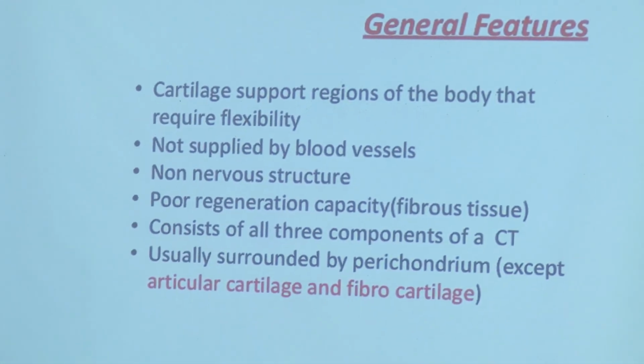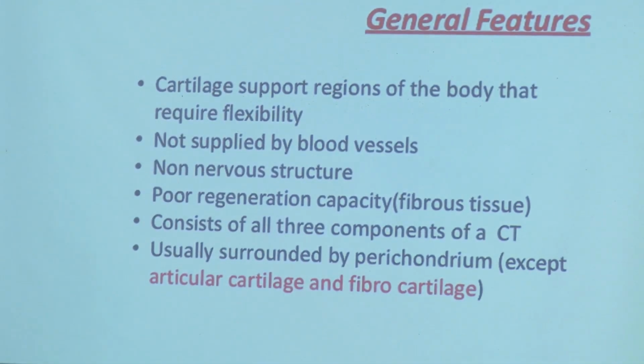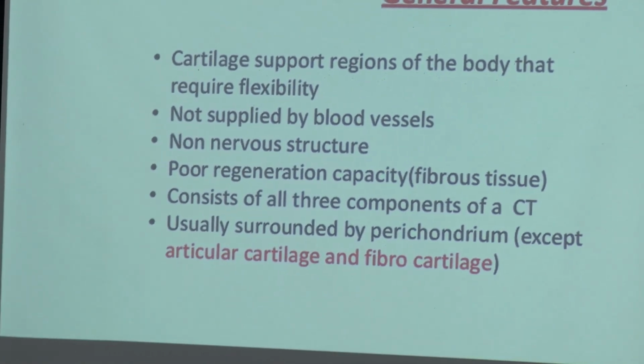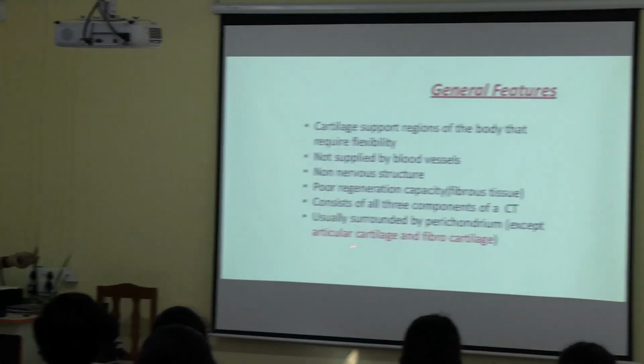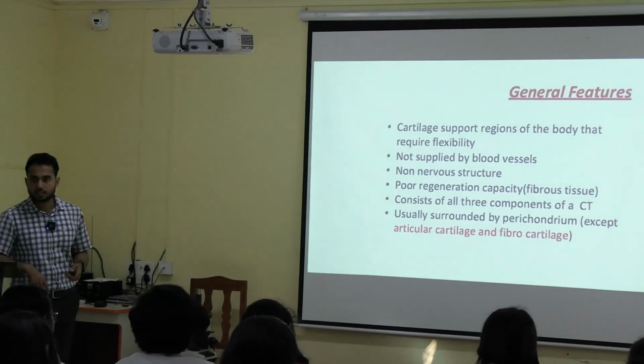Next, it consists of all three components of the connective tissue, usually surrounded by perichondrium. Perichondrium is the outer covering of the cartilage. What is periosteum? The outer covering of bone. Similarly, the cartilage has an outer covering called perichondrium. There are some areas where perichondrium is absent, for example articular cartilage and fibrocartilage.